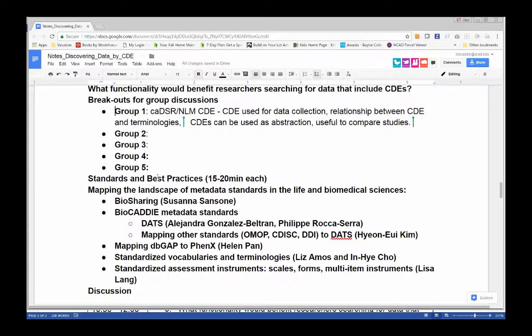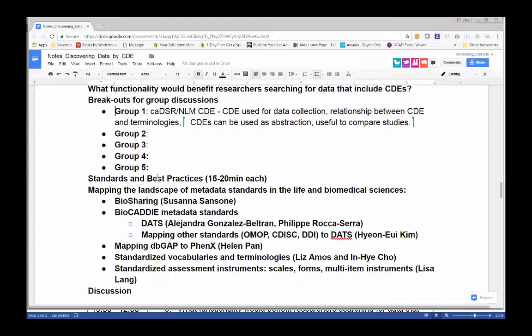But we also discussed that the CDEs alone, even if they are mapped to the terminology, sometimes it's not so easy to relate them in terms of the level of abstraction given by the terminology. So for example, the example is cancer and melanoma or specific types of melanomas.